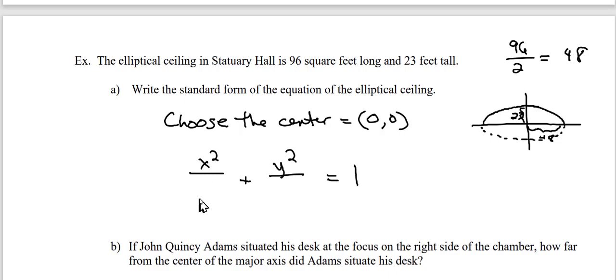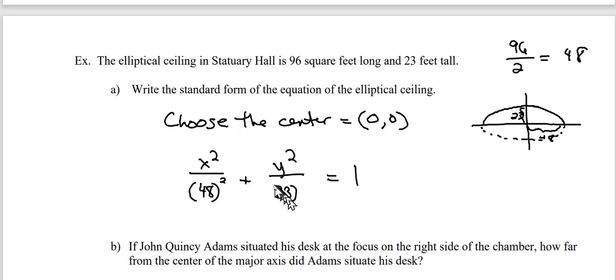We need to figure out what those numbers are. Under the x, remember, is the horizontal distance from the center out to that vertex, which is 48, and then you have to square that, right? Under the y, we do the vertical distance from the center out to the vertex.